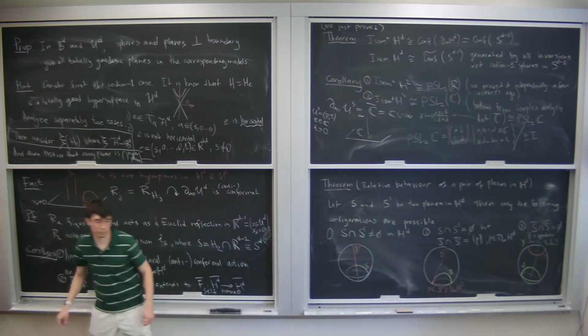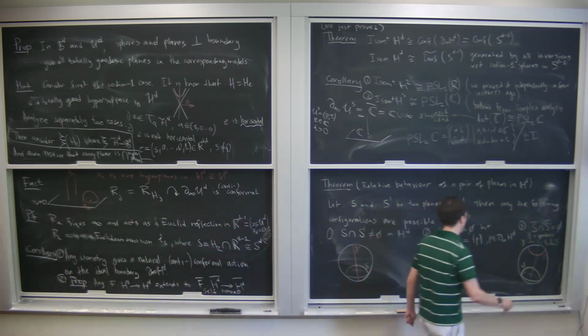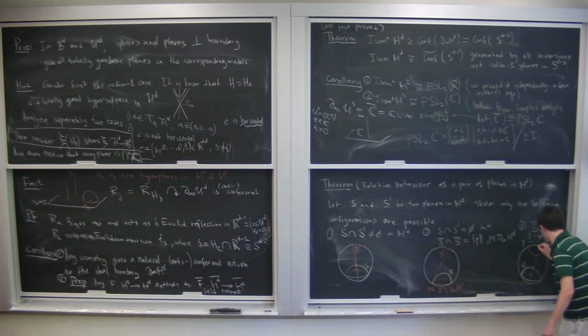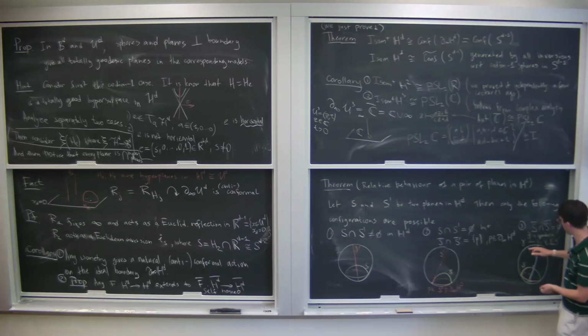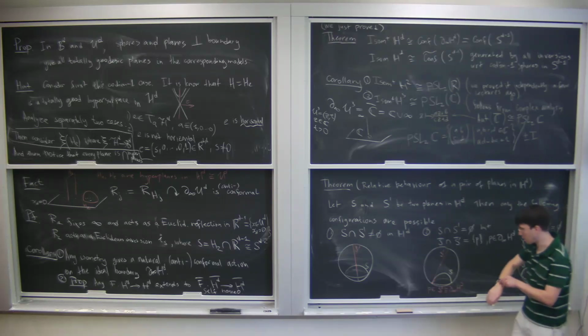I'm not sure it's really visible on the video, but I hope. So I'm taking the blue. In this case, I have an orthogeodesic, which intersects both planes orthogonally and thus realizes the distance between these two planes.